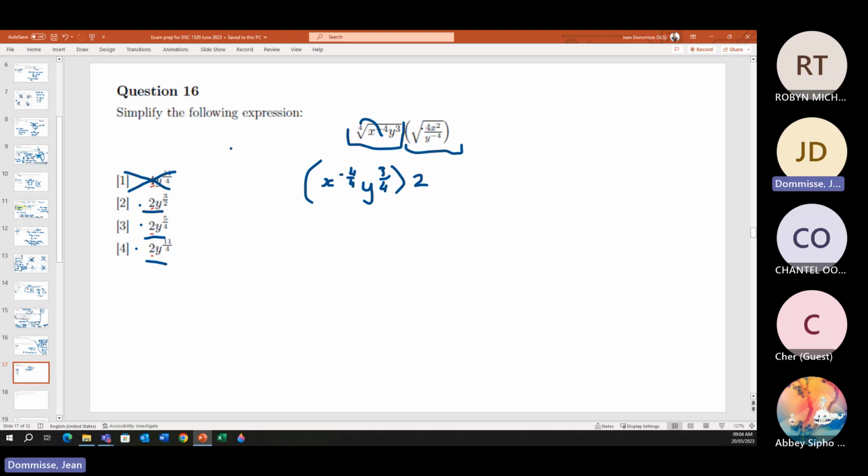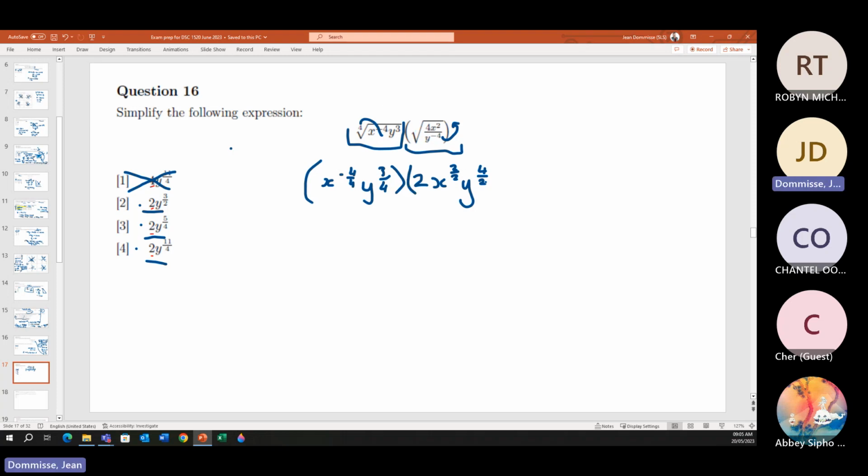X to the power of 2, if I take the square root of that, it becomes x to the power of 2 divided by 2, and then y, I first bring up y to the top, which is y to the power of 4, and then if I square root it, I will just divide it by 2.